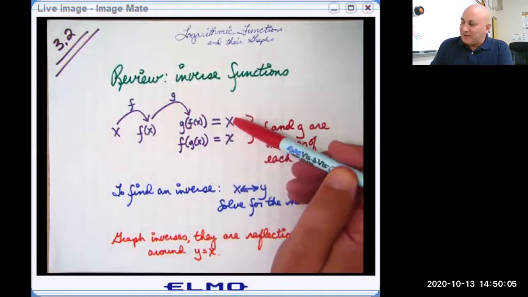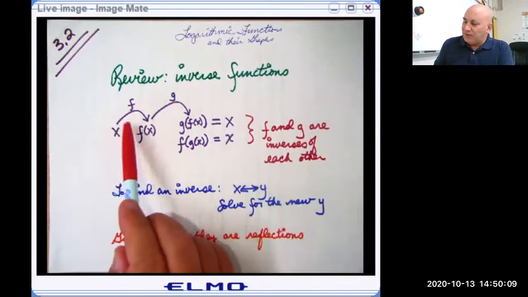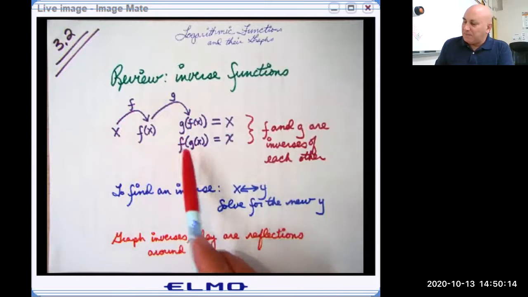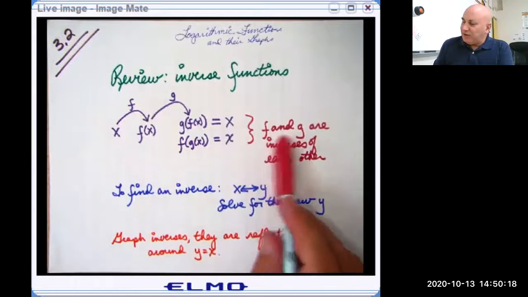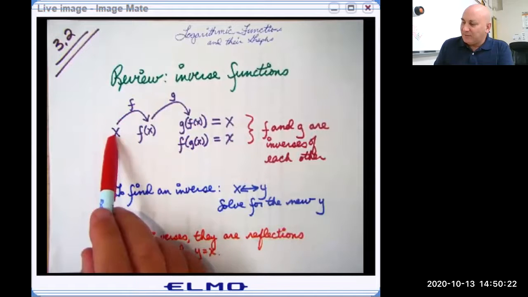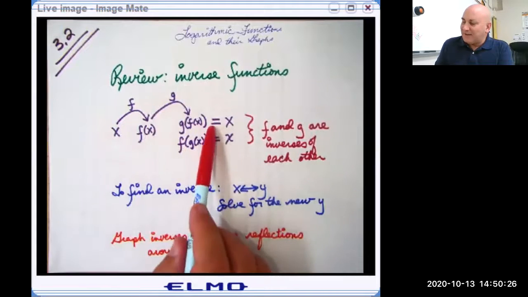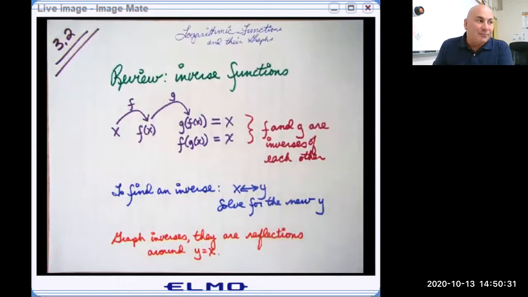If we get x back, and if we reverse the order, so f of g of x here, if we get x both times, then f and g are said to be inverses of each other because we started with x, we got f of x, and then if we get back to x, then g just undid what f did.